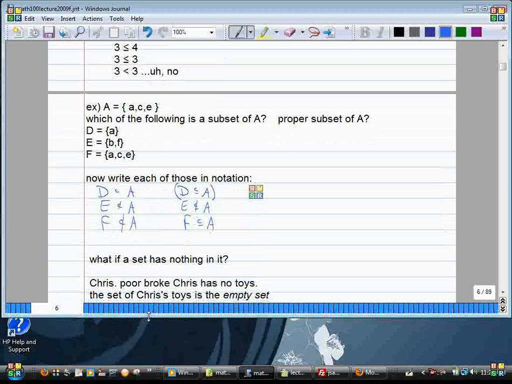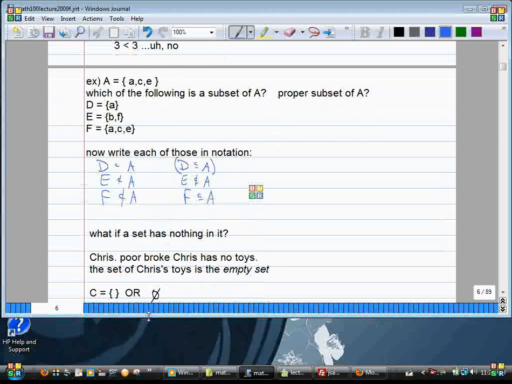So what's the notation for this? How do we write this down? Well, there are two different ways. We use the curly brackets to denote a set, so you can simply write curly brackets with nothing in there, or the shorthand notation is to write a 0 with a slash through it. Both of those mean the empty set, a set with nothing in it.